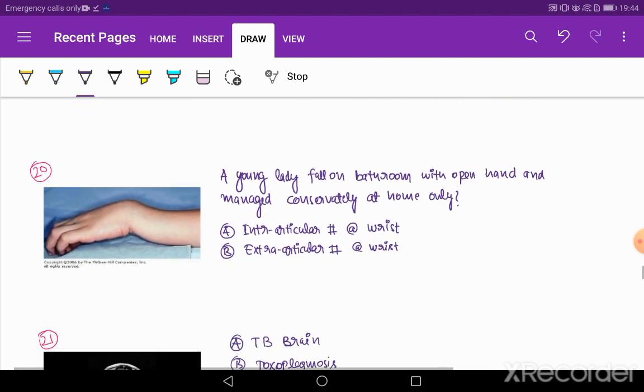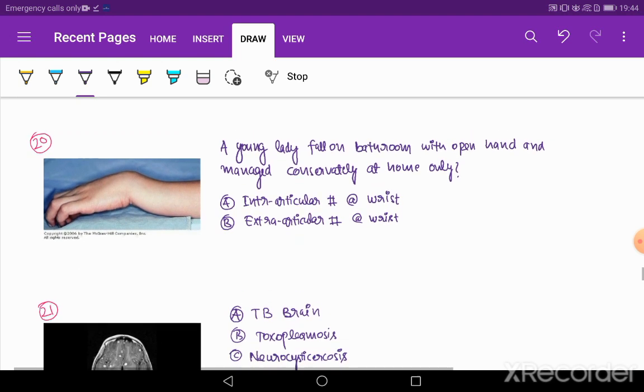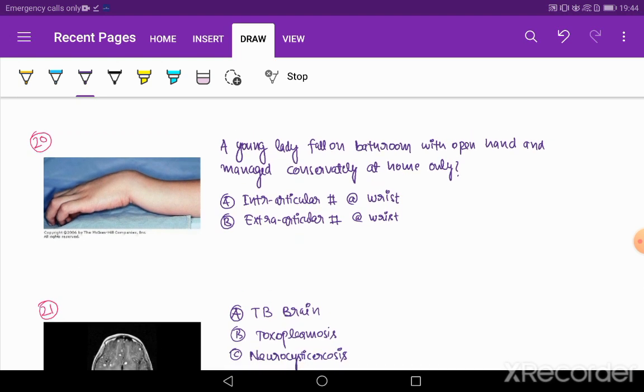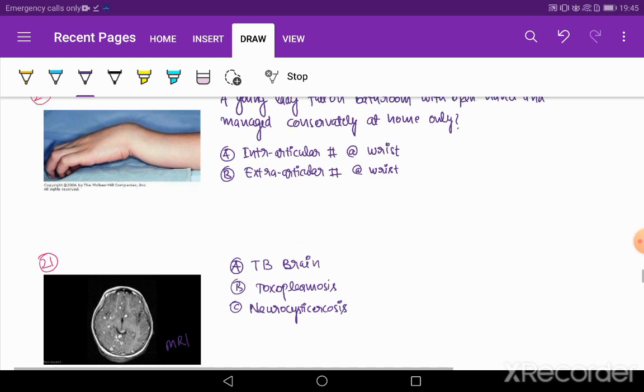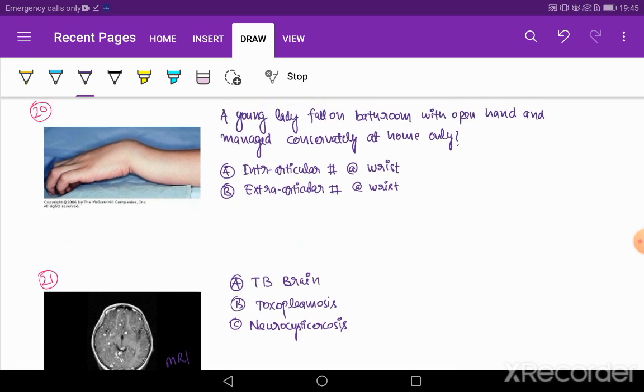Epidermolysis bullosa. Our next question: a young lady fell in the bathroom on an open hand and was managed conservatively at home. What should be the answer? The answer is extra-articular fracture at the wrist.